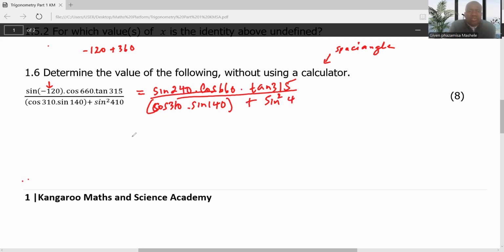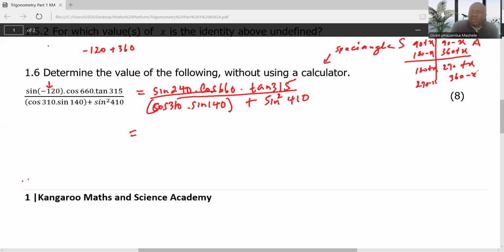So what we're going to do, we are going to reduce this using our special angles and the reduction formula. 90 minus, 90 plus, 180 minus, 180 plus, 270 minus, 270 plus, 360 minus, 360 plus. All students take chocolate. Okay, fine. Let's reduce this.